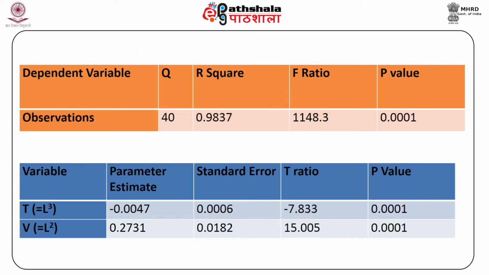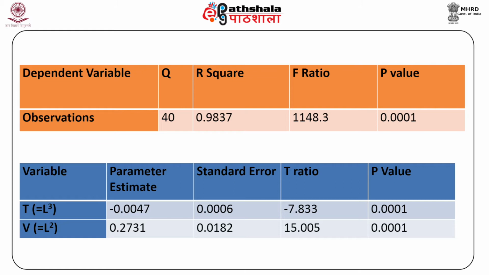The model is estimated using 40 observations, and the following coefficient estimates are obtained, which are given in the following table. From the low p values, it is clearly evident that both the variables T and V are statistically significant at the 1% level of significance and have the expected signs.